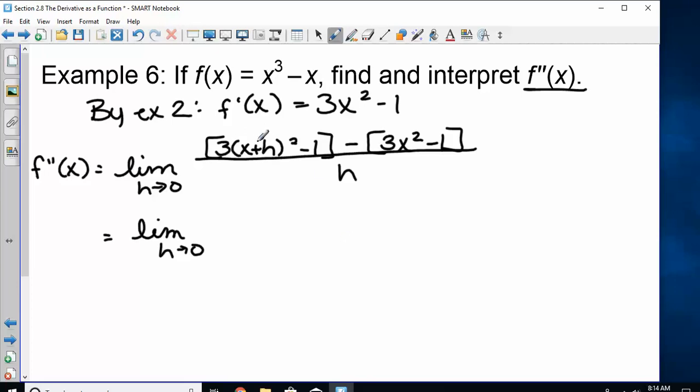So if we square this, we would have FOIL and distribute the 3, we get 3x squared plus 6xh plus 3h squared. You guys okay with how I did that? Minus 1. Distribute the negative through this, so that's minus 3x squared plus 1.